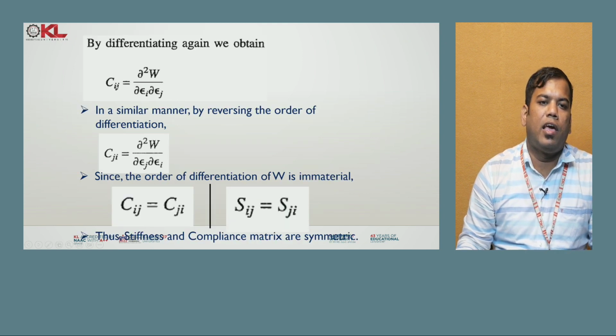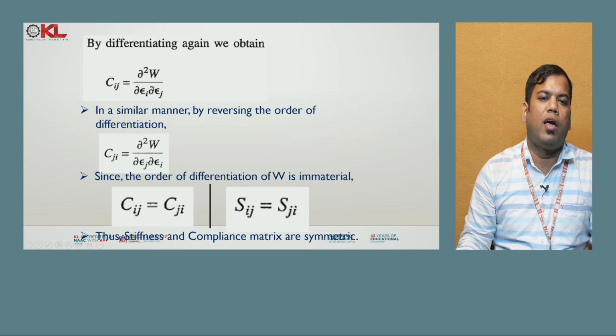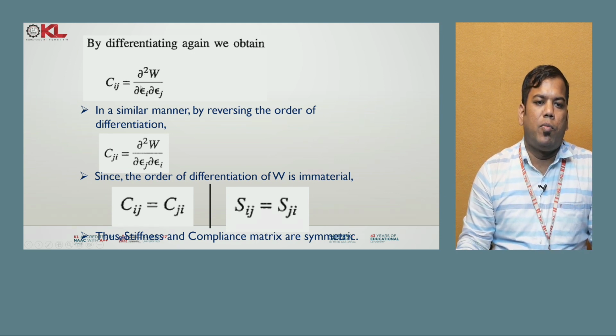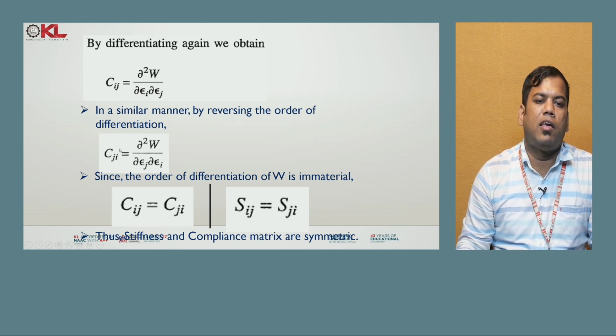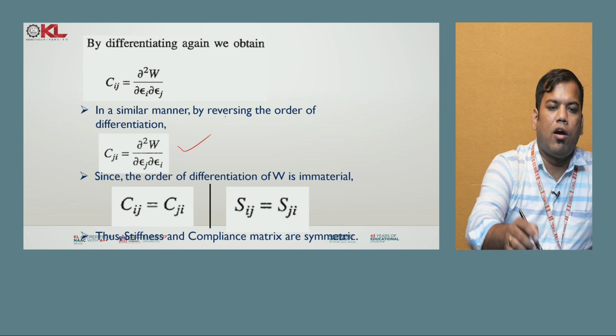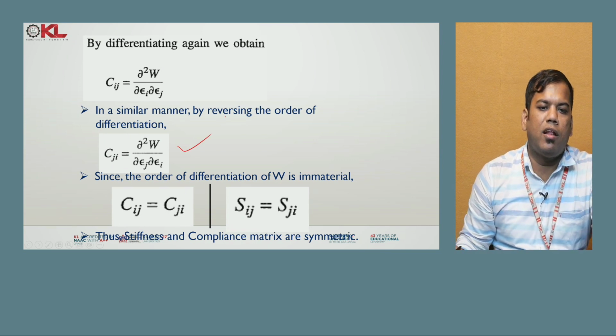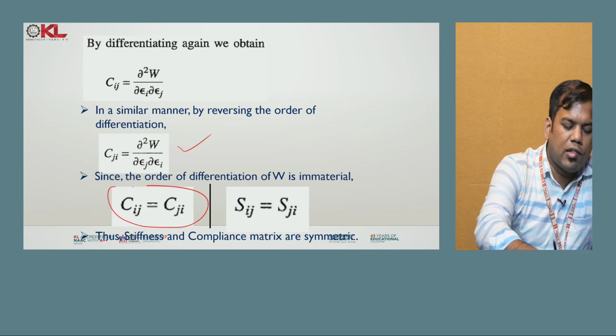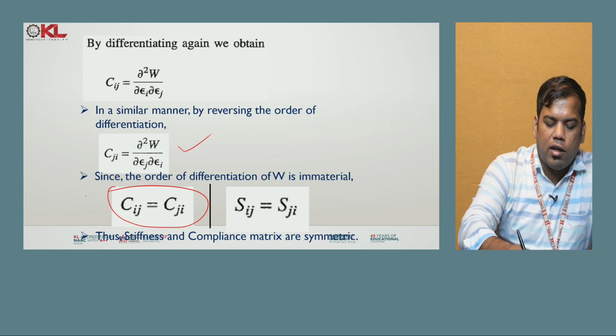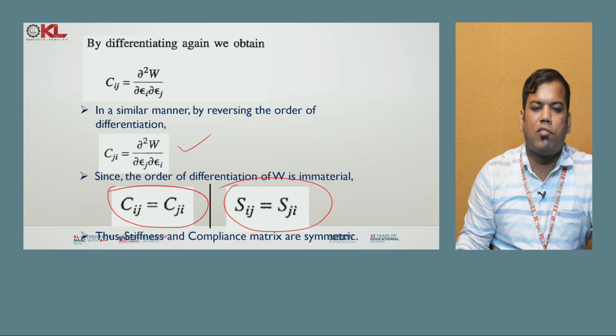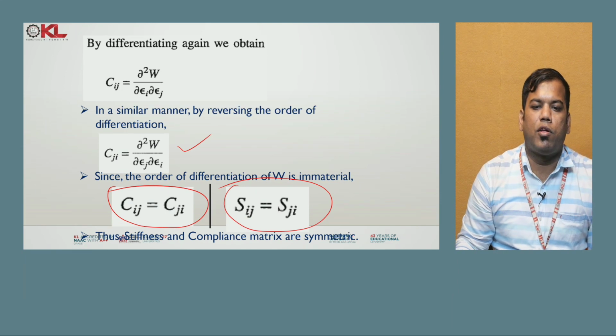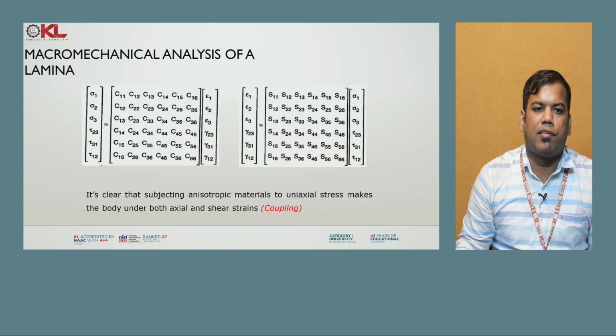Similarly, differentiating again, the second derivative of W by del epsilon i del epsilon j. In a similar manner we can calculate Cji also. As we compare these, Cij is nothing but Cji, or the compliance component Sij will be nothing but Sji.